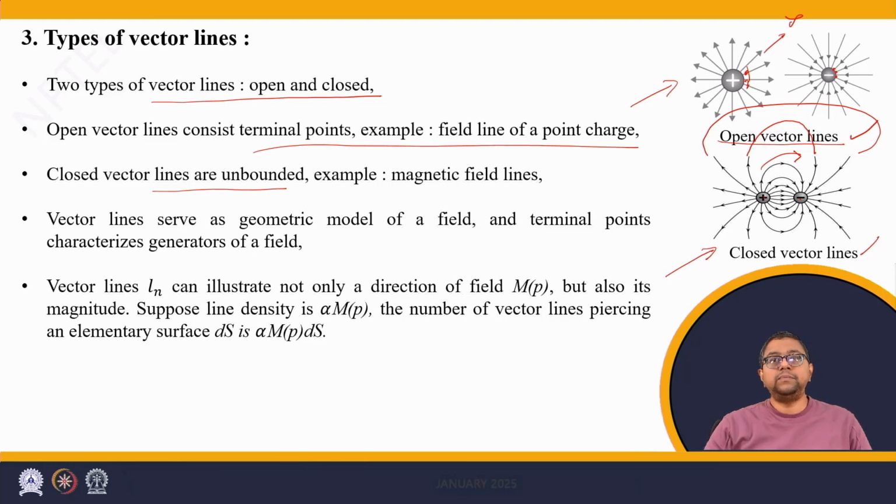In the case of a magnetic dipole, as shown in the second figure, the source dipole is generating a magnetic field which forms closed loops, and hence this is a different type of generator of a field, one that is closed, that is represented using closed vector lines. So vector lines Ln can illustrate not only the direction of the field but also the magnitude of the field.